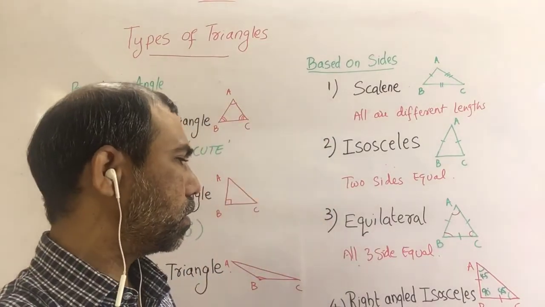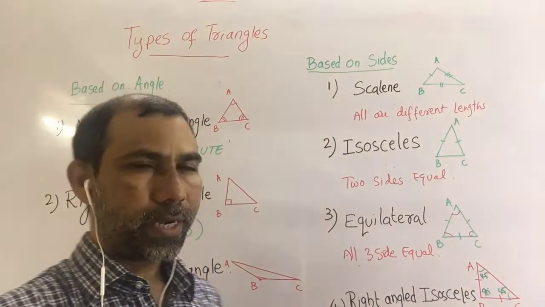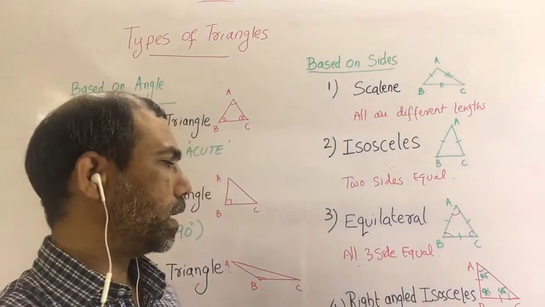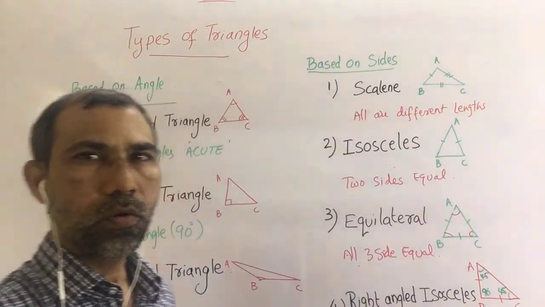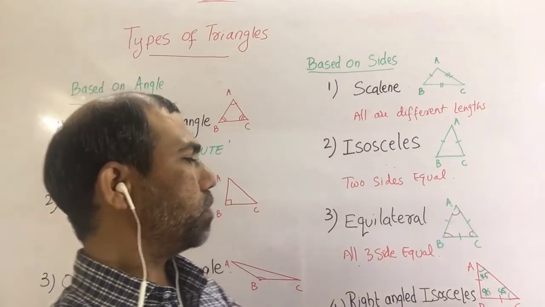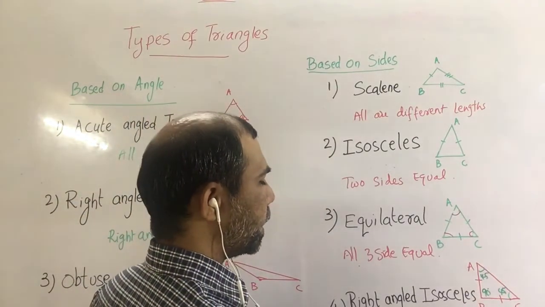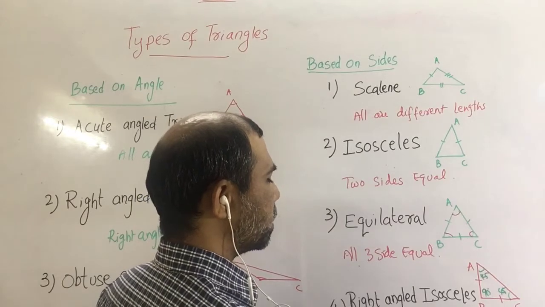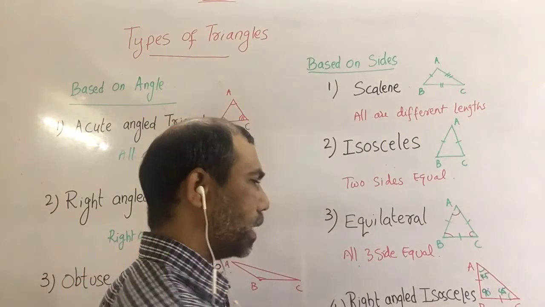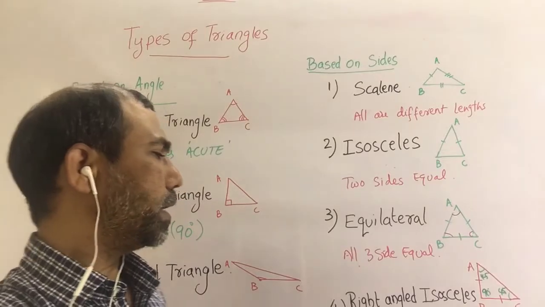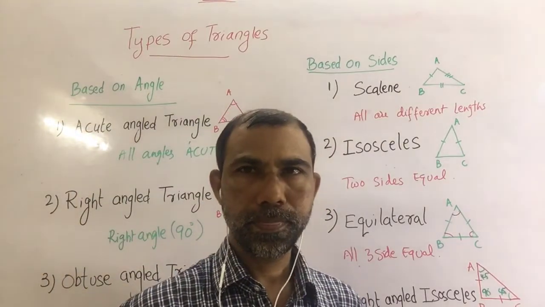And we have one more special triangle called the right angle isosceles triangle, where it will have 45, 45 and 90 degree angles, called a right angle isosceles triangle.